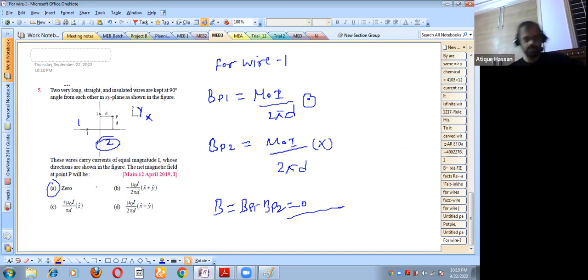Yes, I think it should be 0. Your answer is correct. All of you understood? So all the options are misleading here basically. Magnetic field due to both the wires are in opposite directions and of equal magnitude. Understood everyone?